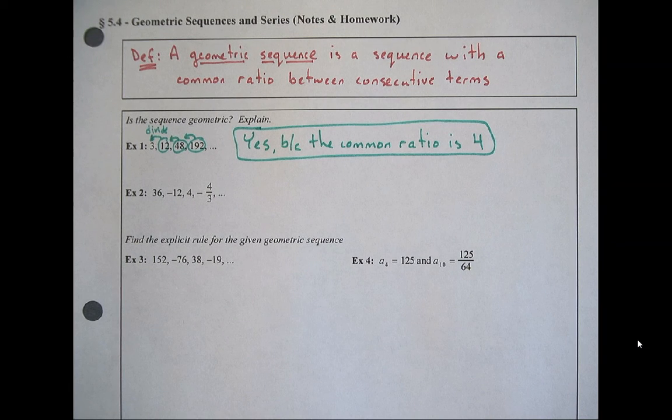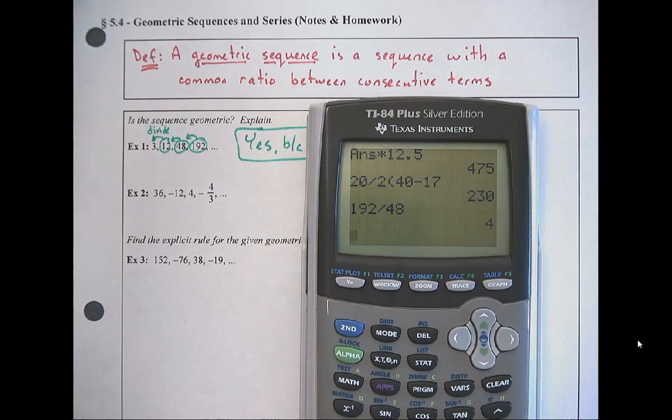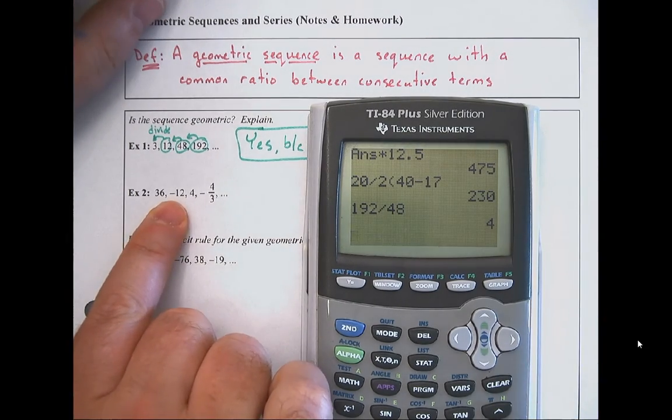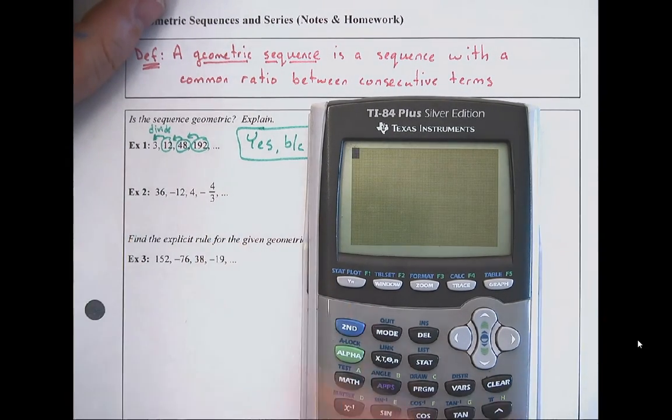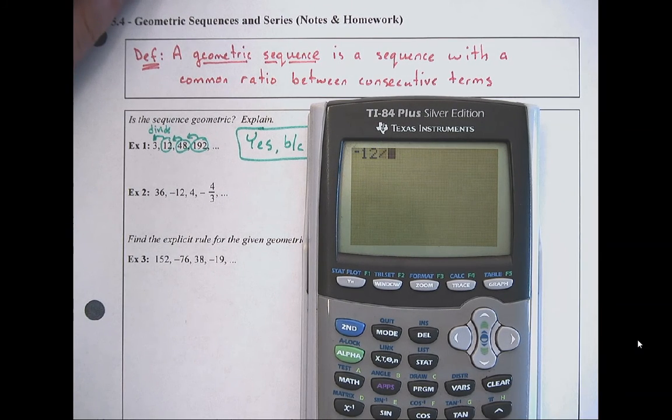So you try the next one. All right, let's see how you did. Hopefully you answered yes. This one's a little sneakier because you don't get as nice a number as we did up above. So if I take negative 12 and divide by 36, I'm going to frac that back. I get negative 1/3.